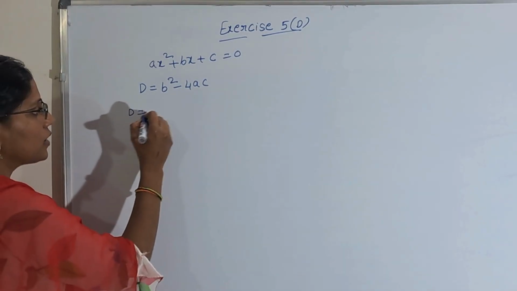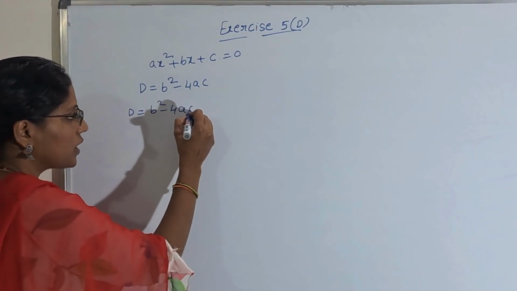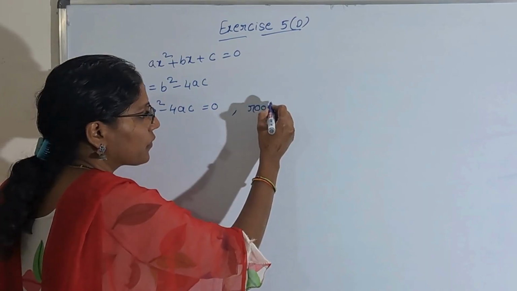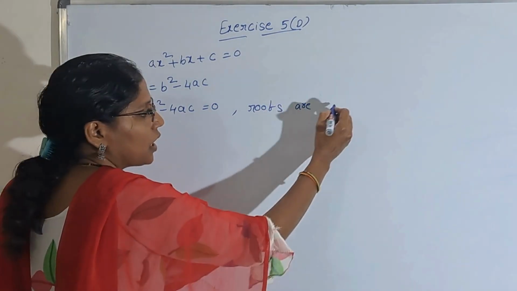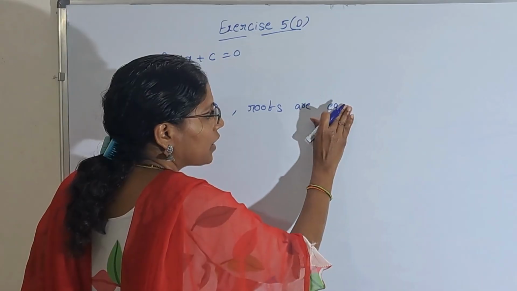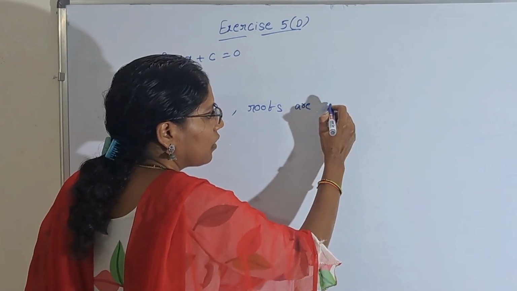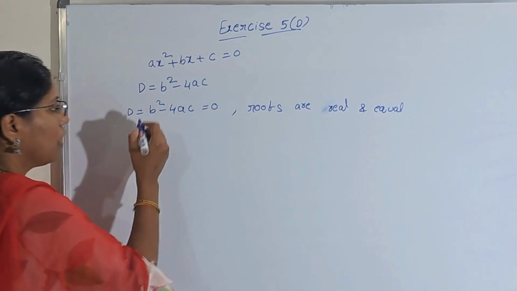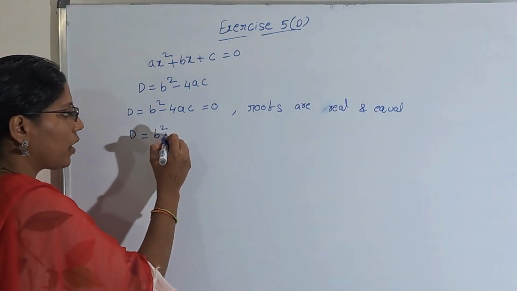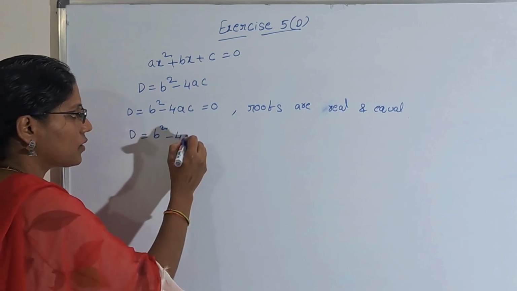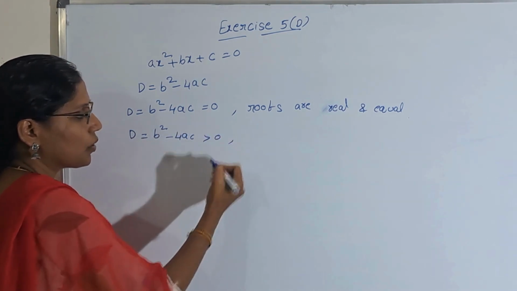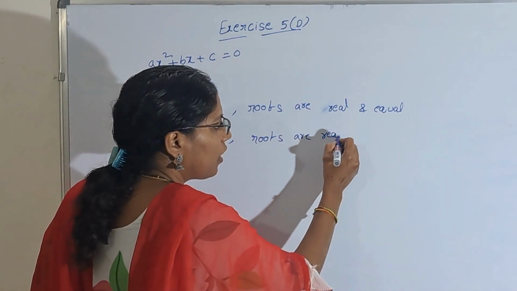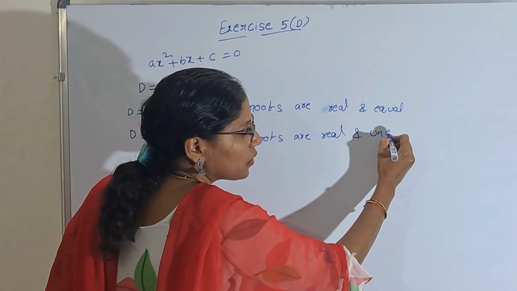Here d is equal to b square minus 4ac is equal to 0 means roots are real and equal. Next, d is equal to b square minus 4ac greater than 0: roots are real and unequal roots, or distinct roots.